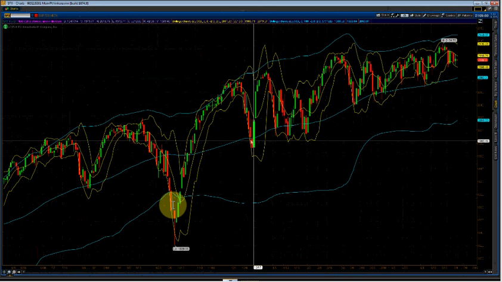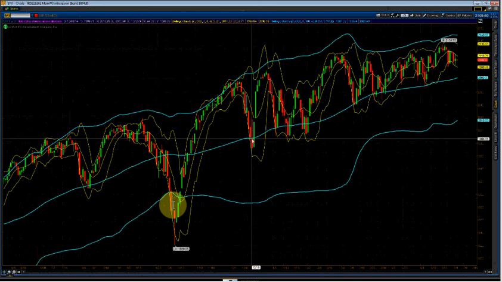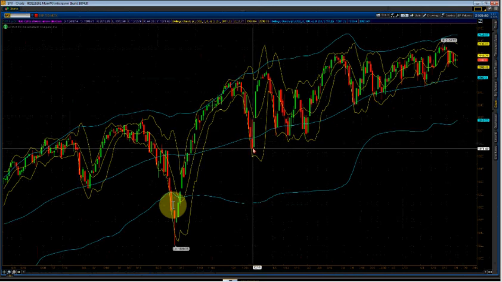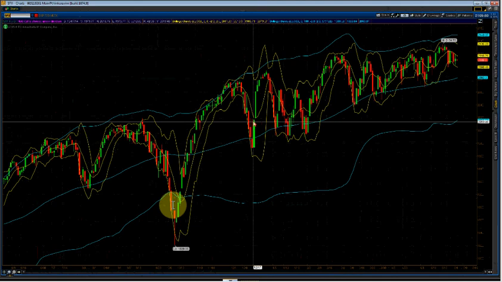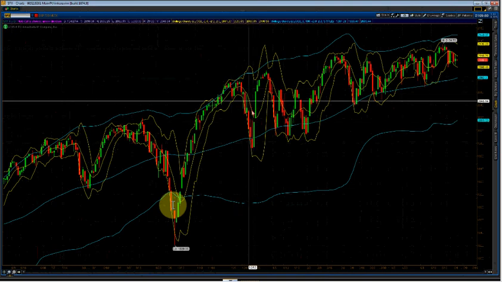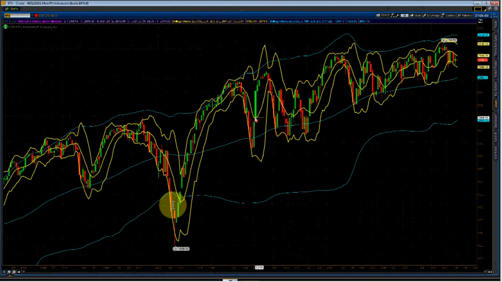You let it fail your 100 SMA, and you buy on the first positive day back above it. And you use your 8 set to target your sell.